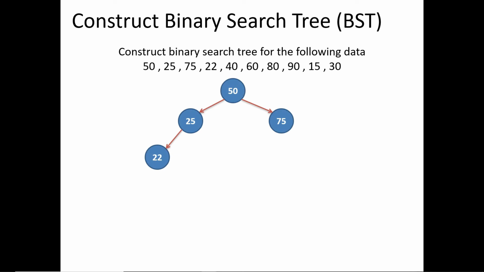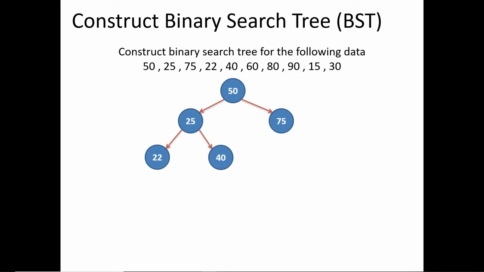So the value which is smaller than the root is located in the left subtree. So now we check that 40 is lesser than 50, then come here and check that 40 is greater than 25. So it becomes the right child of 25.